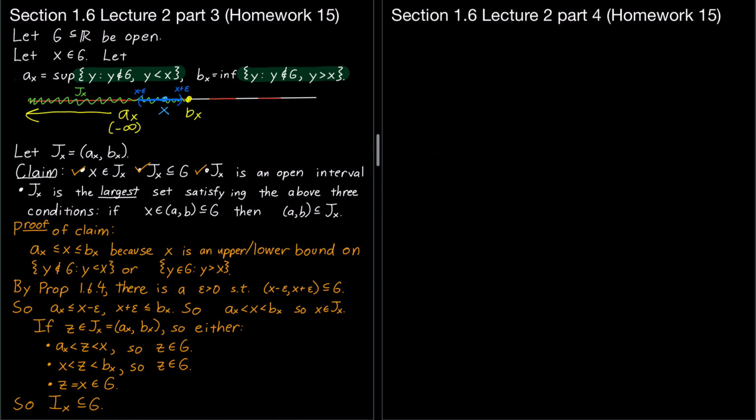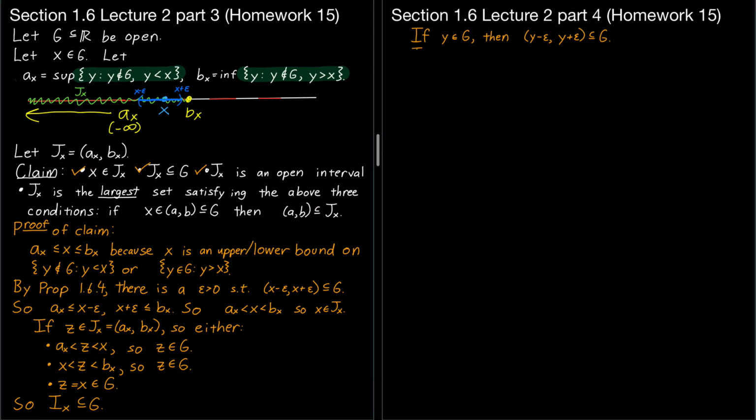Now I'm going to point out something to you, and that's that a_x and b_x aren't allowed to be points in G. So if y is in G, then we've got some little interval that's contained in G around y.